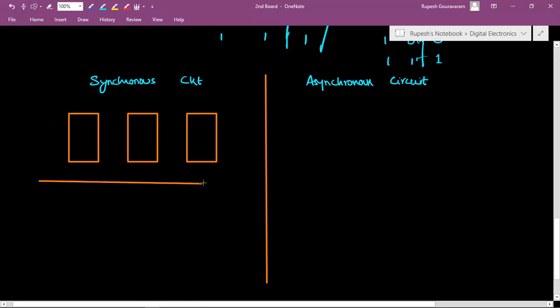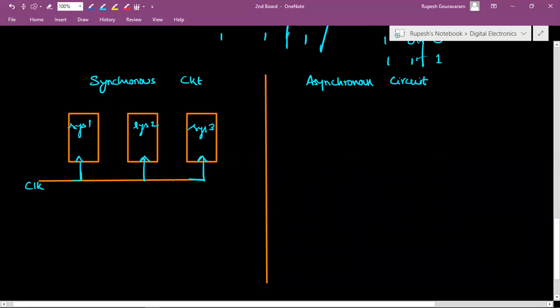So this is the clock input. This is system 1, then system 2, then system 3. Okay, so this is the clock.